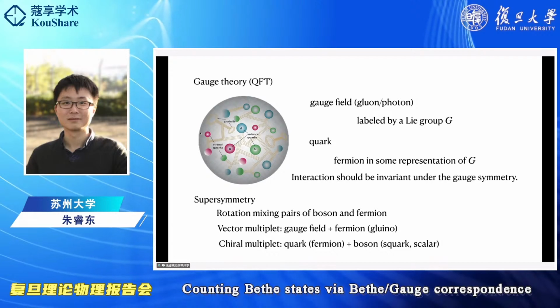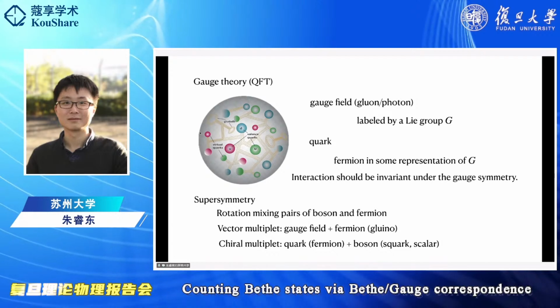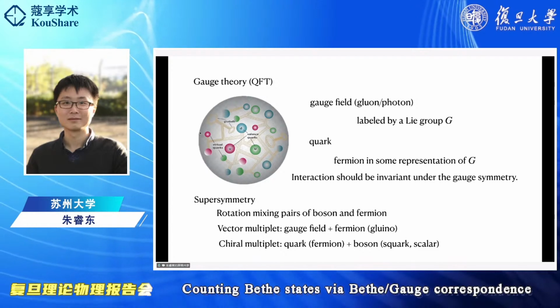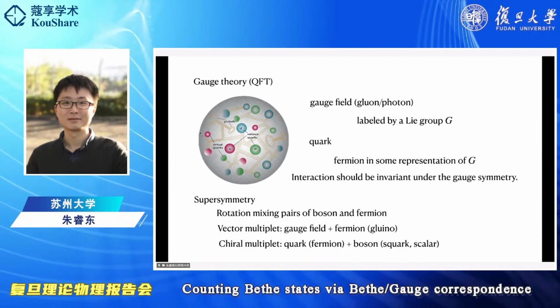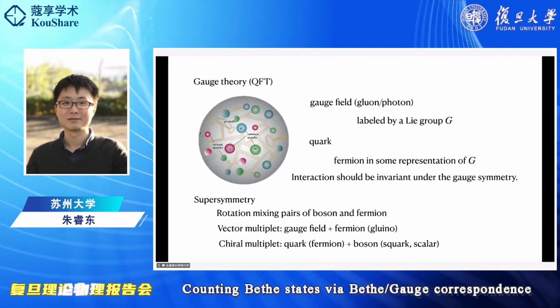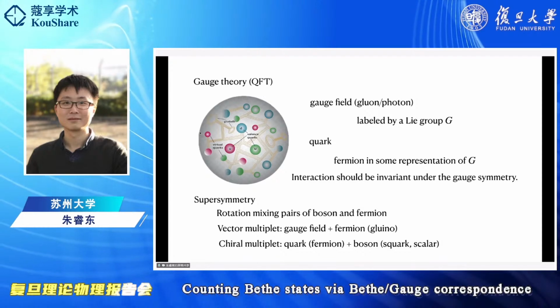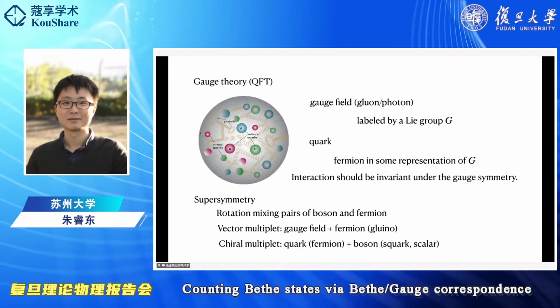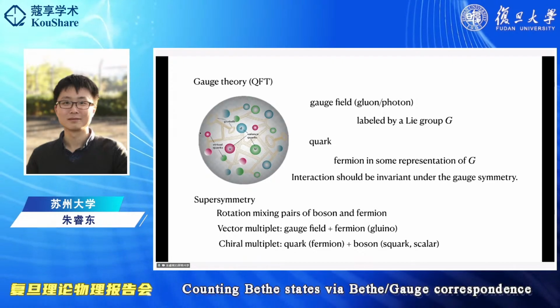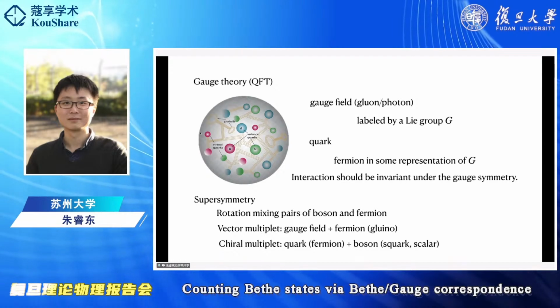By adding supersymmetry, we are introducing some new symmetry into the system. Roughly speaking, supersymmetry is a kind of rotation mixing bosons and fermions. It changes bosons into fermions and fermions back into bosons. So for example, it forces the gauge field to have a superpartner called the gluino, and they form a vector multiplet in the theory.